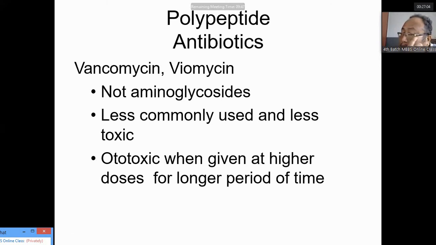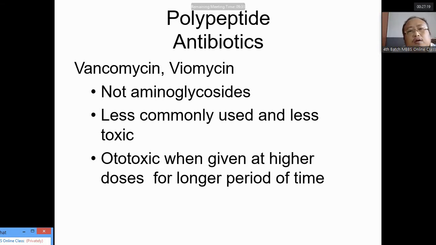Vancomycin, a polypeptide antibiotic, is usually ototoxic when given at higher doses for a longer period of time.